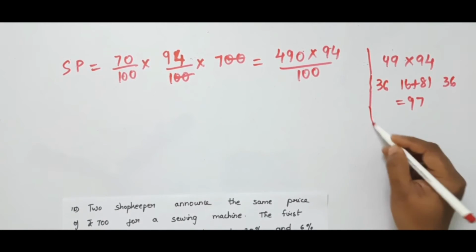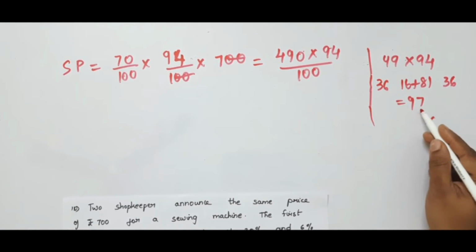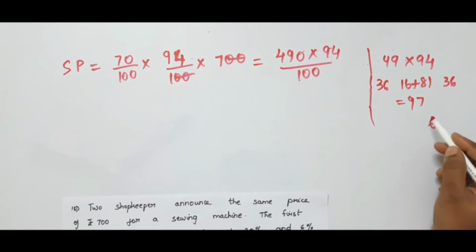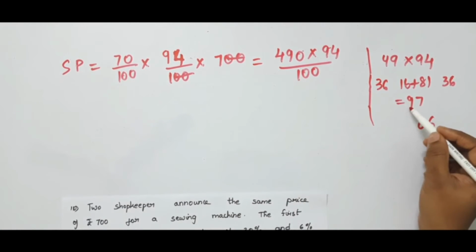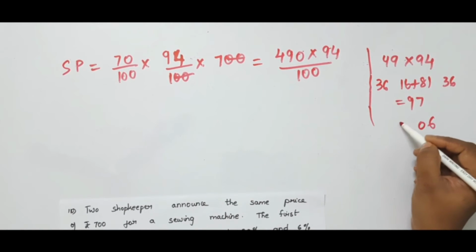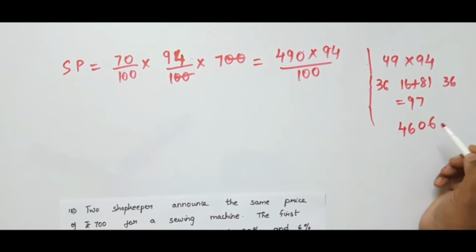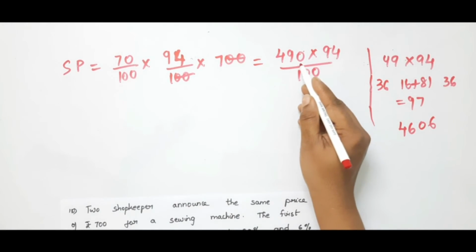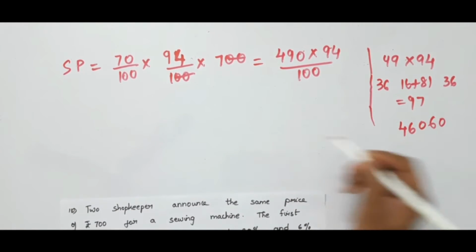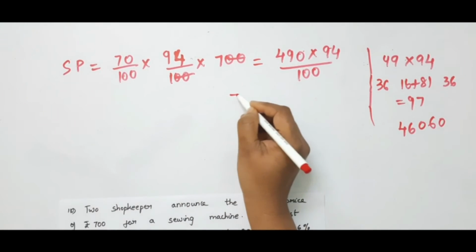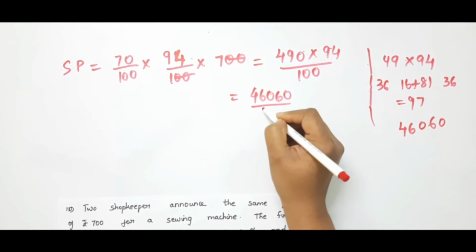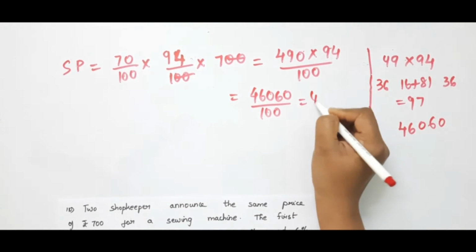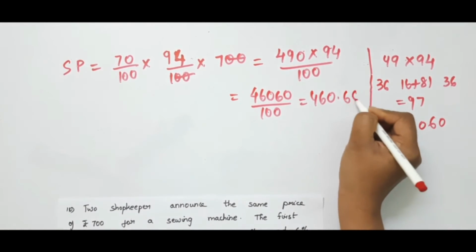So answer will be 6. Bring this 3 here. This becomes 10, and here it is 10. So if you bring here, this becomes 46. So we got into 0 is there. So we have to keep one more 0. This becomes 46060 by 100. This can be written as 460.60.